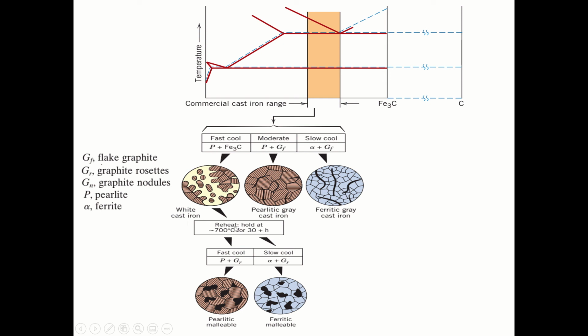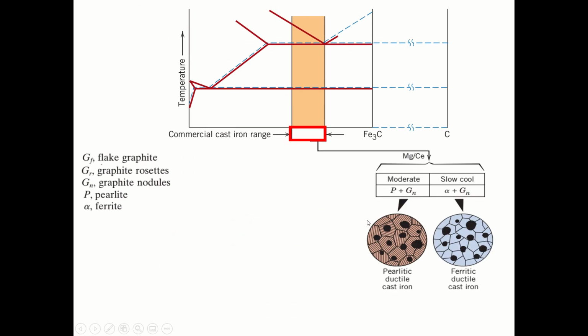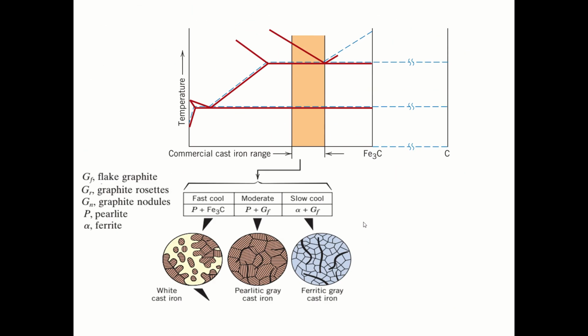Then we reheat it again at 700 degrees Celsius for a certain amount of hours. We can either fast cool it or slow cool it again to get pearlitic or ferritic. So that's the overall picture here.